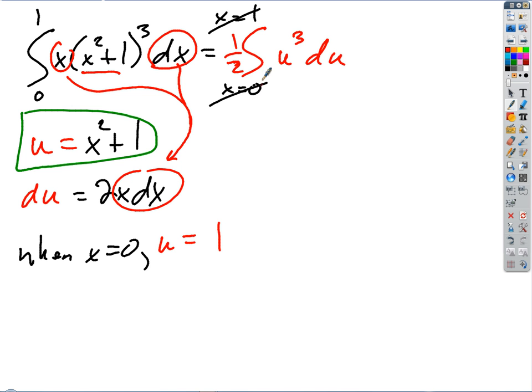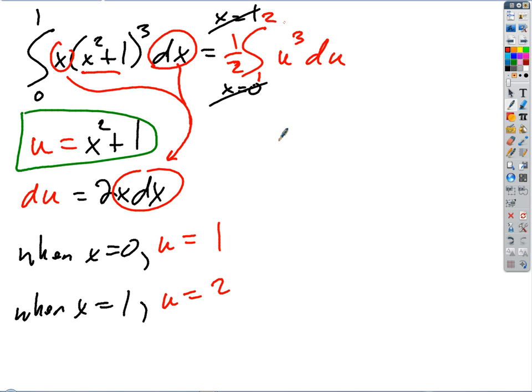So we make that a red 1 instead of a black 0 at the bottom, right? When x equals 1, u equals 2. So we make that a red 2. How cool is that? We don't even have to go back to x's. This one actually ends up being an easier problem.